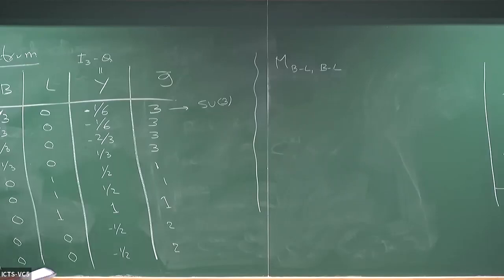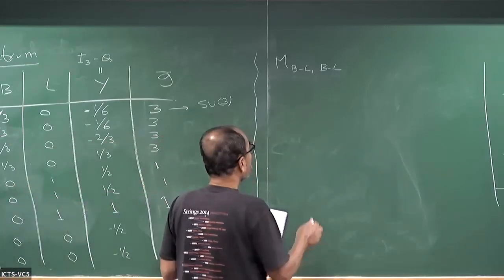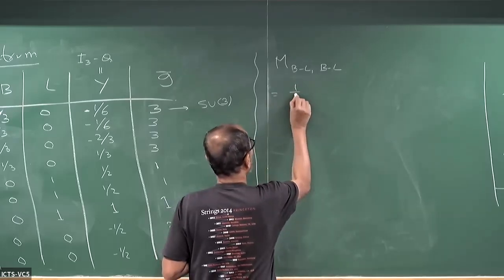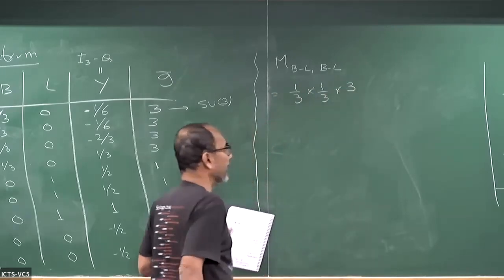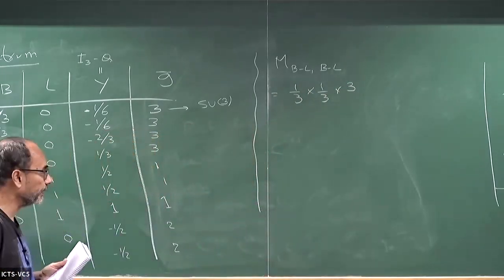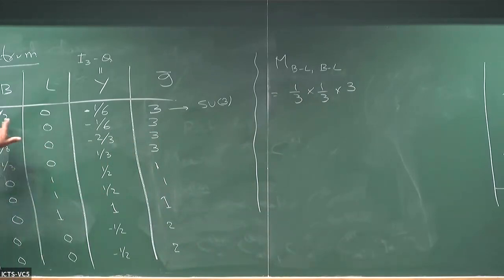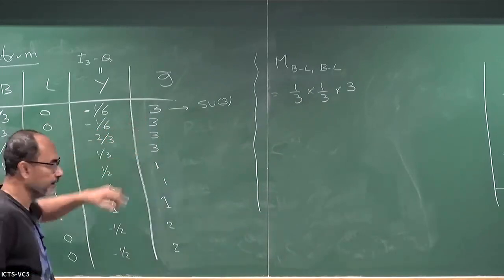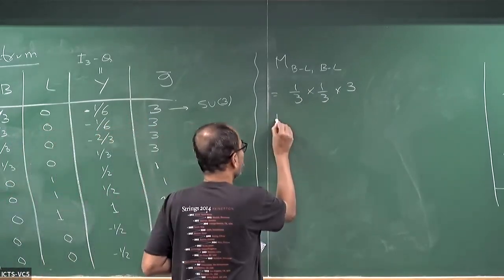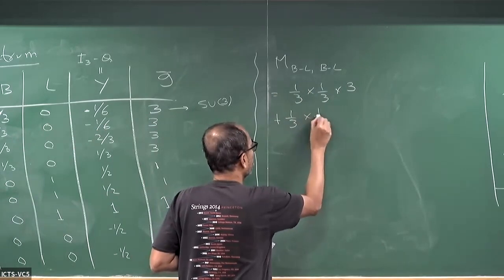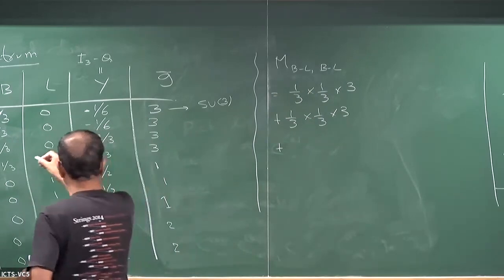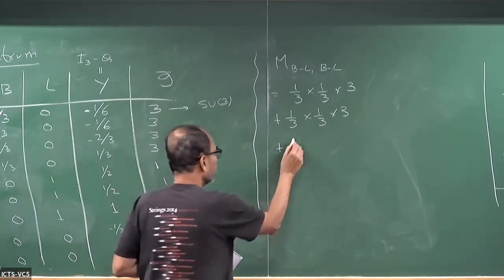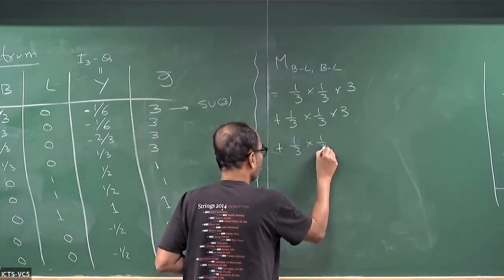So the first will be 1/3 times 1/3 times 3. I'll write all the sums explicitly, even though many of them are equal. That's coming from here. B minus L is 1/3 times 1/3 times 3 coming from G bar. Then we again have 1/3 times 1/3 times 3 for the second one. Third one, fourth one, all the same. 1/3 times 1/3 times 3.